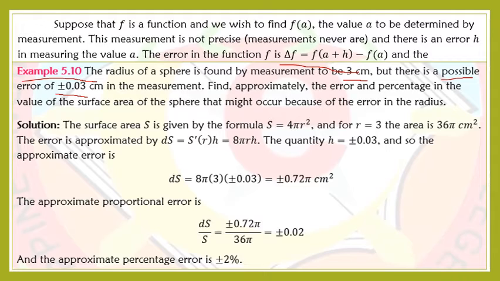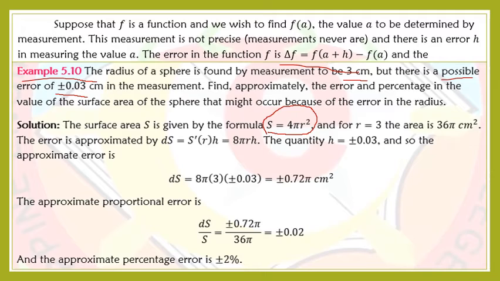So the surface area S is given by the formula S is equal to 4 pi r squared. Okay, so this is the formula for the surface area ng sphere natin. And for r equals 3, yung radius niya is 3, the area is magiging 36 pi centimeter square, di ba? If we substitute 3 here, so 3 squared is 9, 9 times 4 is 36.